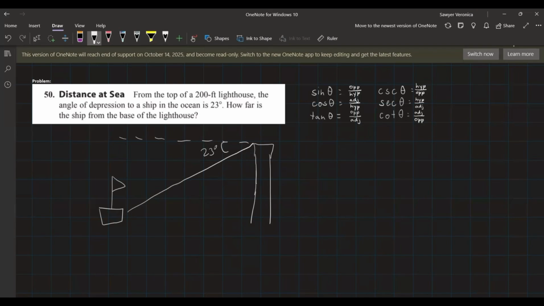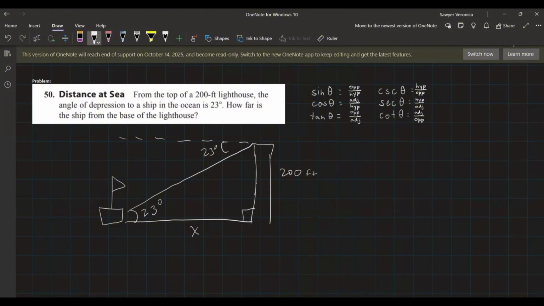The lighthouse is 200 feet. And we are looking for how far the ship is from the base of the lighthouse. This is your x. This is a 90-degree angle. And this here is congruent to the angle of depression. So, which trigonometric function do we use in this situation?